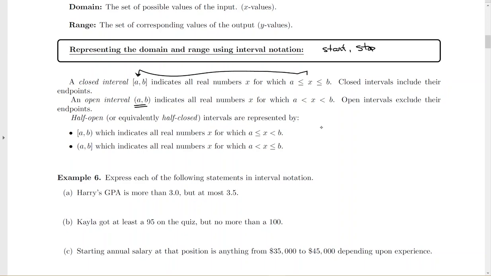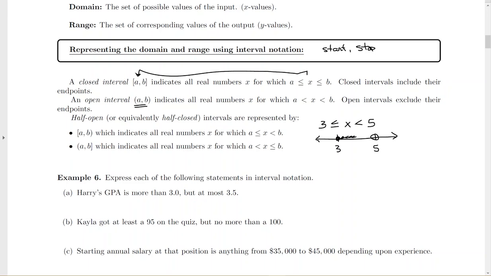So, for example, if I have the inequality 3 is less than or equal to X is less than 5. You might be familiar with the dot method when we graph this on a number line. With the equals, remember we would use a filled in dot. And at 5, because there is no equals on it, we'd use an open dot.